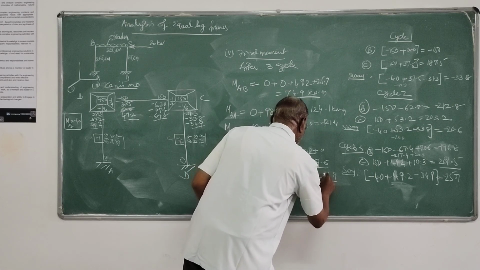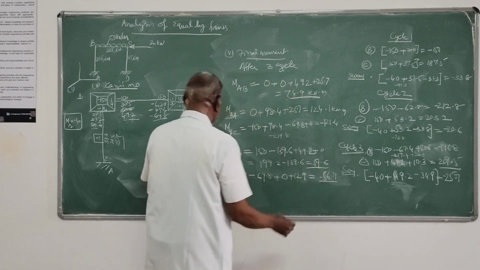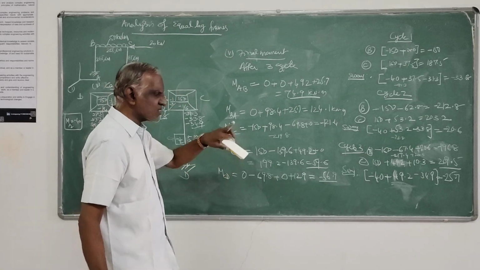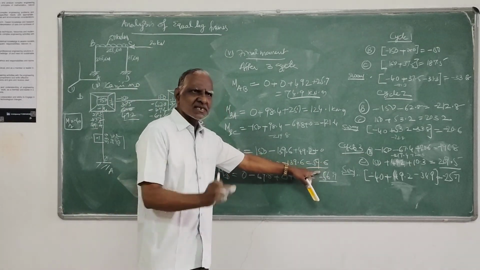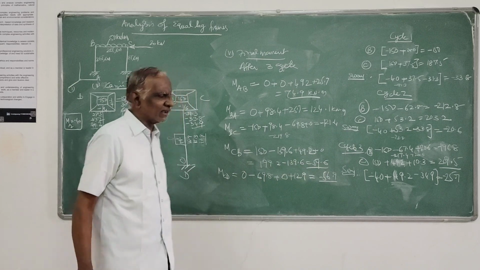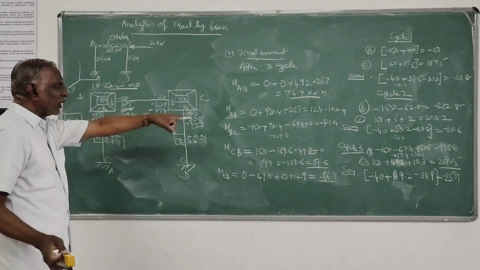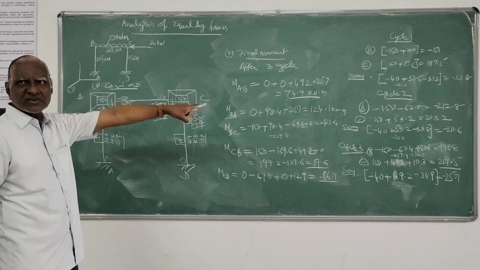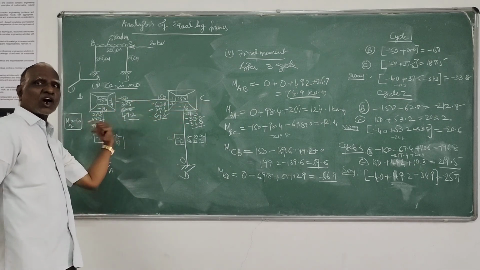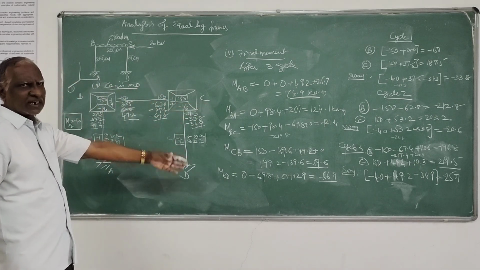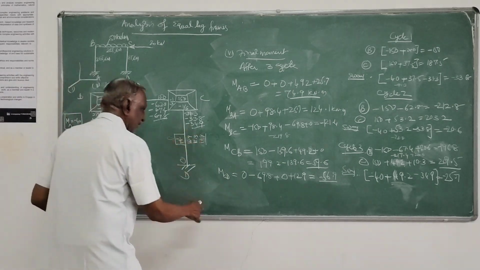Here also the sum at C has to be 0. I am getting this small error of 3 point something. That is because I am rounding it over 3 cycles, and in one step we committed some mistake of not taking that sway contribution. If it was not there, I would have got that in the 3 cycles itself.